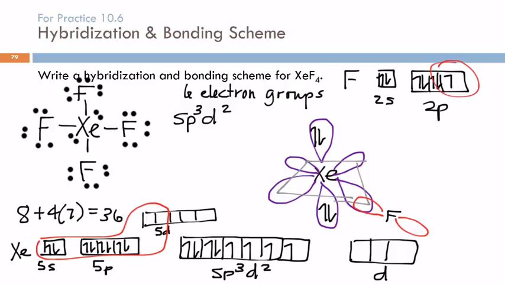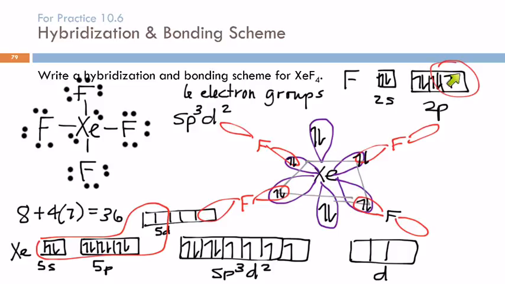So if I'm going to continue drawing, I'm just going to start making the fluorines themselves red. We're going to have our 4 fluorines overlapping like this. And then the electrons, if you want to show the electrons, there's a pair of electrons, one from the fluorine, one from the xenon, in each of these bonds.